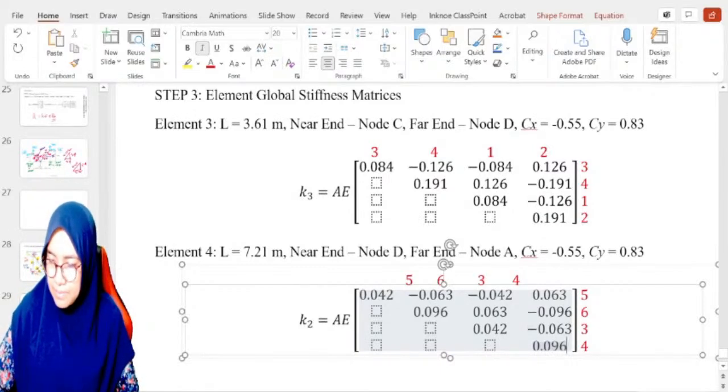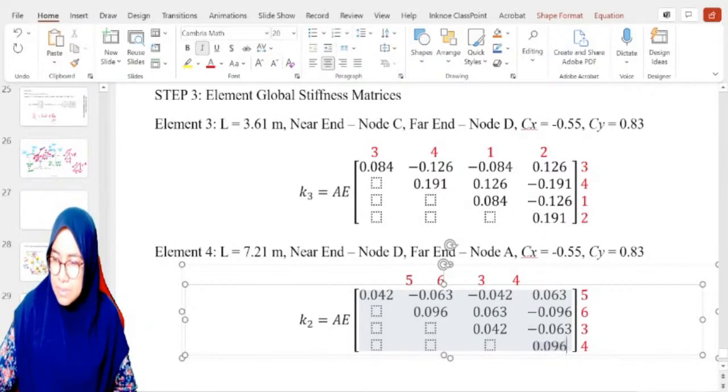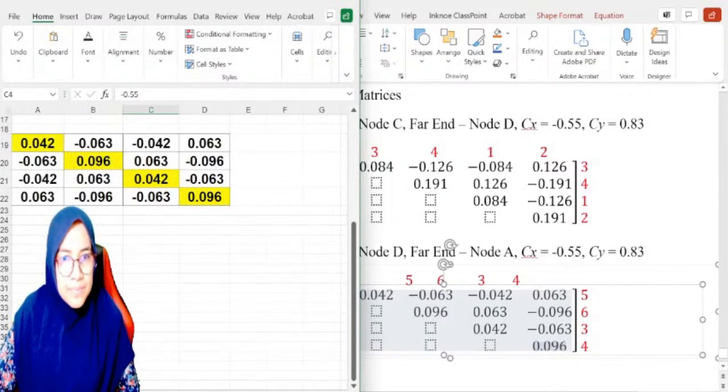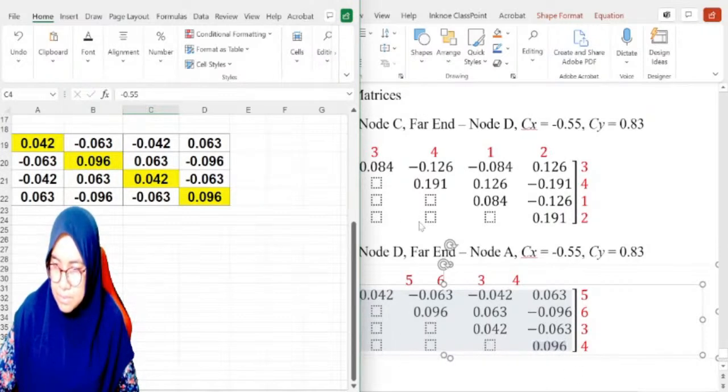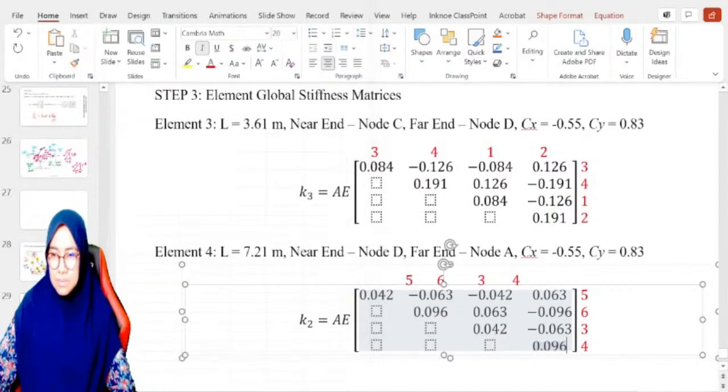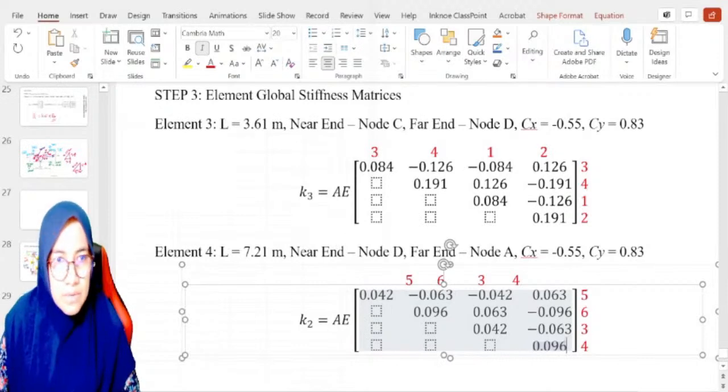You check. Okay, same. This is element number 4.